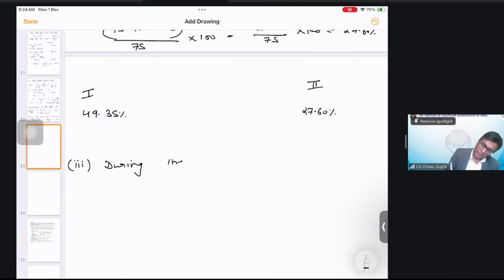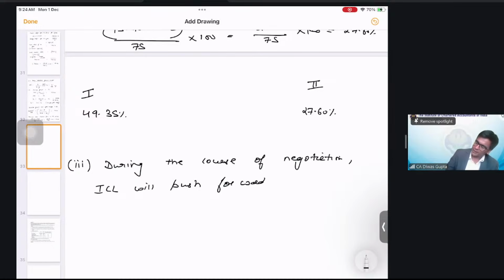During the course of negotiation, ICL will push forward valuation based on.